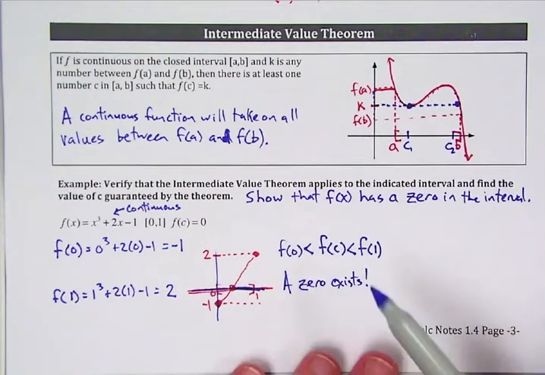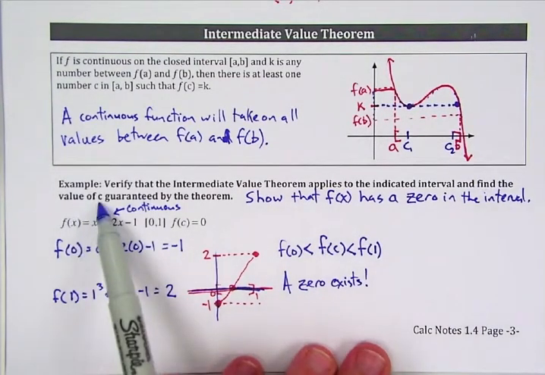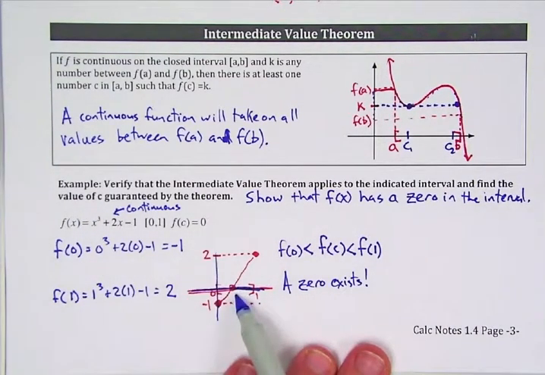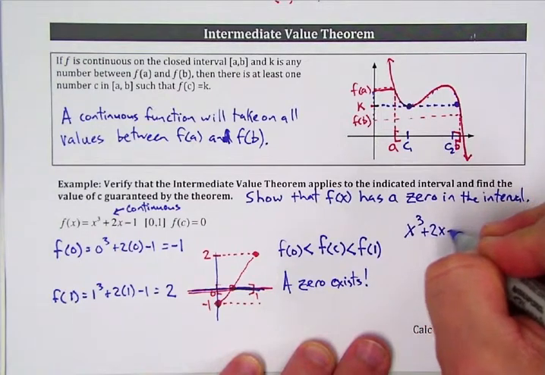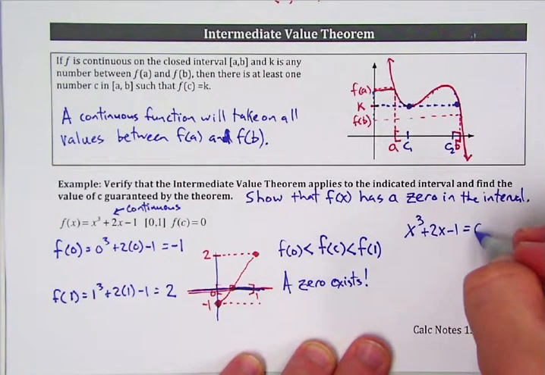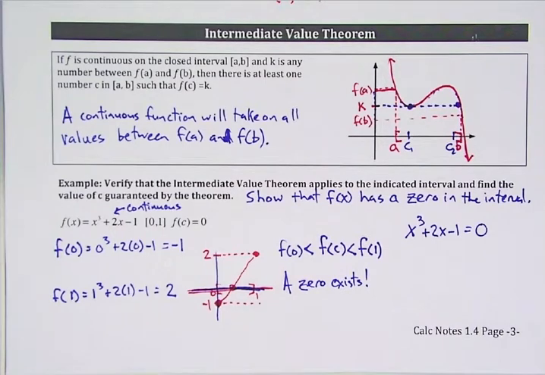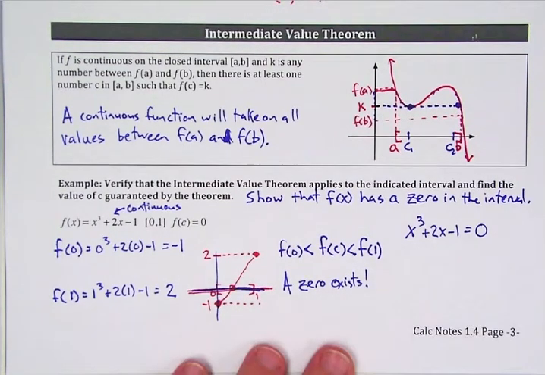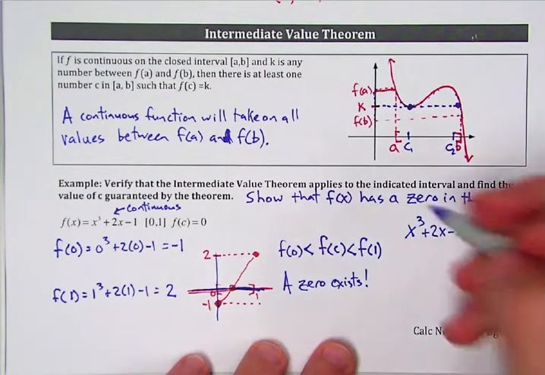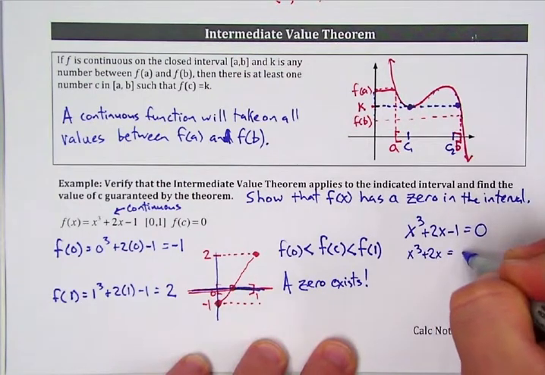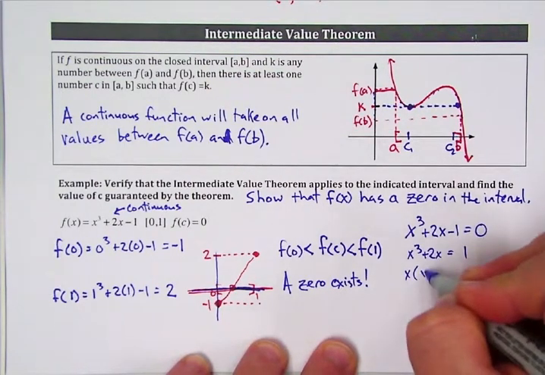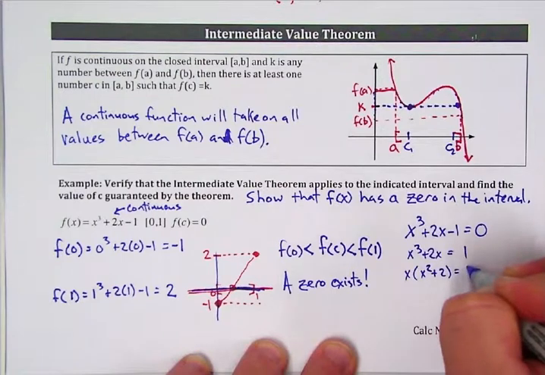Now, if we want to find the value of c guaranteed by the theorem, we know it exists. So we know the 0 exists. Let's go ahead and find it. So we want to know, where does that function equal 0? Now this is a cubic, and it's not going to be so easy, because even if we factor this, even if we add the 1, we get something like this.